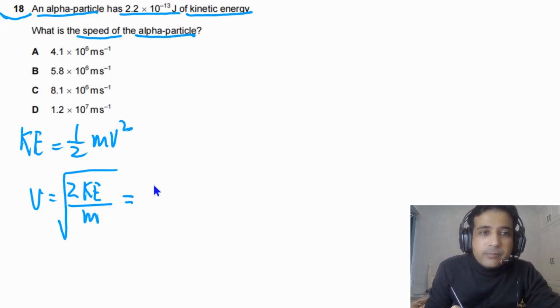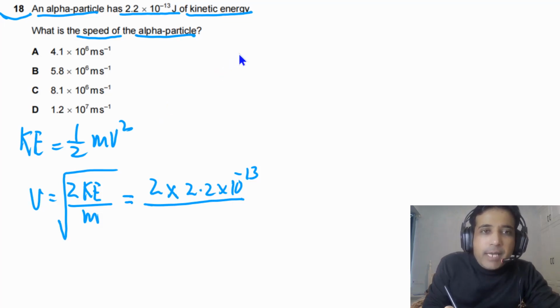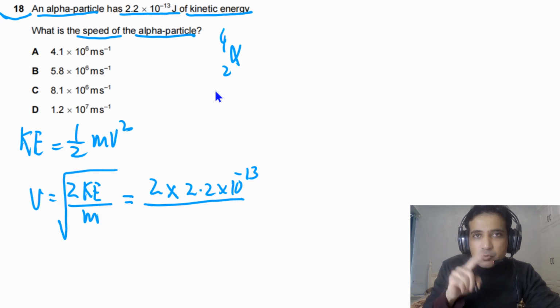So in this case, we have the kinetic energy of the alpha particle, that is 2.2 times 10 to the minus 13, divided by the mass of the alpha particle. We need to understand that an alpha particle consists of 2 protons and 2 neutrons.